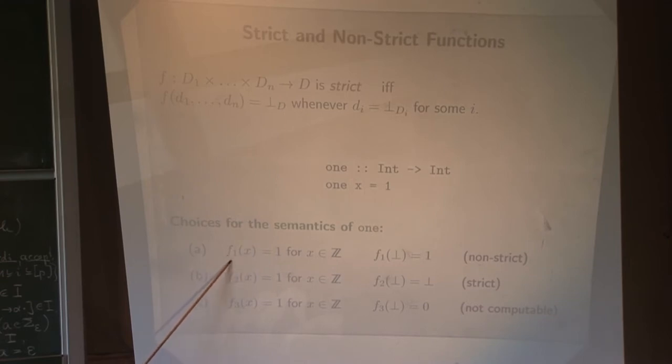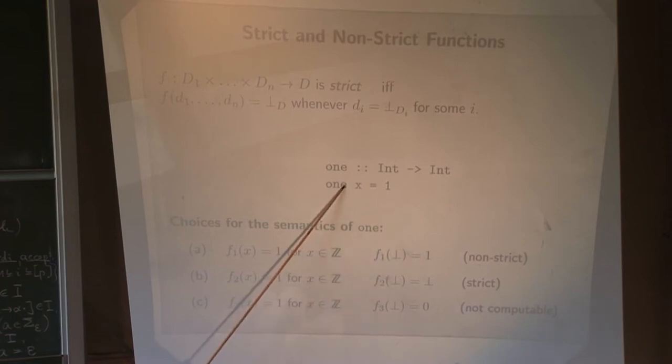Now, if we want a strict function, then a strict function has to be undefined whenever the argument is undefined. So then we would have to choose f2. So f2 would be 1 for integers and would be bottom if the argument is bottom. And in a strict functional language, this would be the semantics of 1. Now in Haskell, which has non-strict semantics, which has outermost evaluation, we would choose f1 as the semantics. So here, for integers, the value would be 1, and for bottom, the value would be 1 as well.